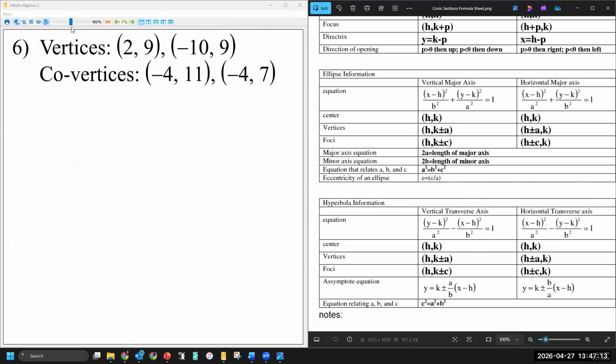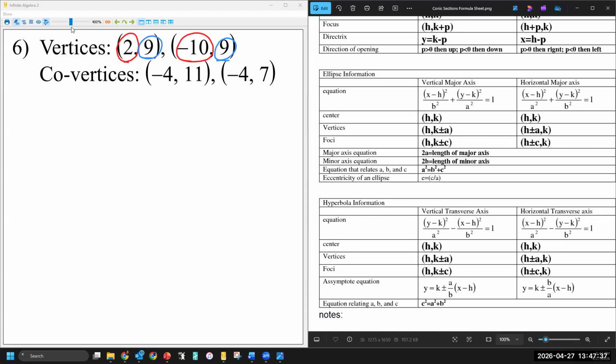Okay. So, first thing I need to do is figure out, is it vertical or is it horizontal? So I'm going to look at my vertices and I'm saying which values are changing. Well, notice that my x values are 2 and negative 10. My y values are 9 and 9. One of those values is changing. One of those values is not changing.